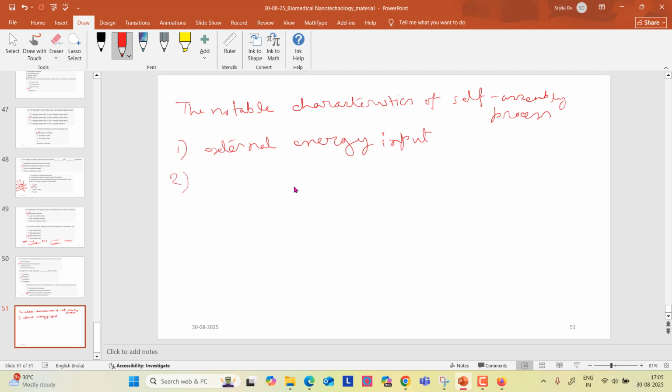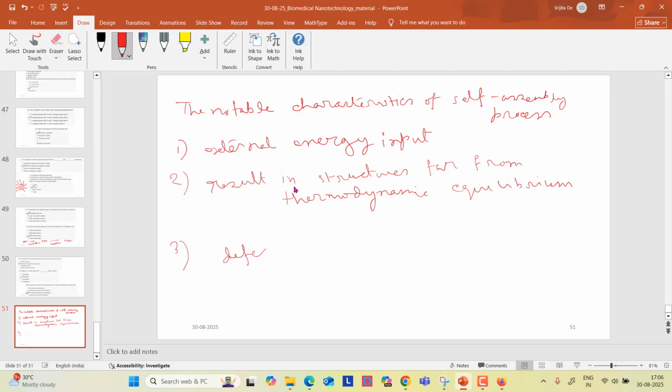Option 2 is they always result in structures far from thermodynamic equilibrium. The third option is they tend to incorporate defects and irregularities.